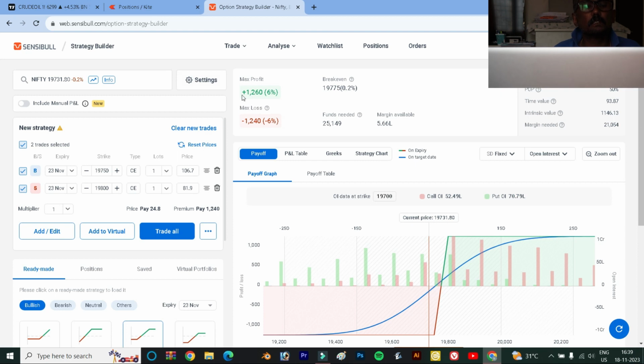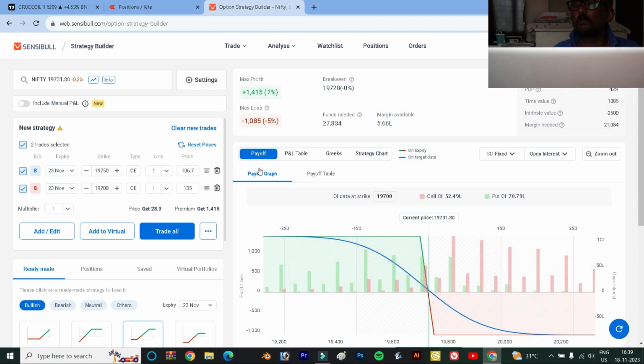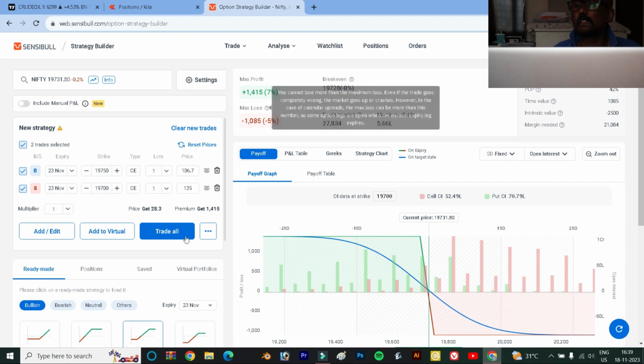See now again 9750, 9850, if I decrease this, see both the premiums are only slightly different, around 24 rupees different. So here the profit also goes less, only 6%, and the maximum loss also comes very low. Here the probability of profit is 50%, and the probability increases.